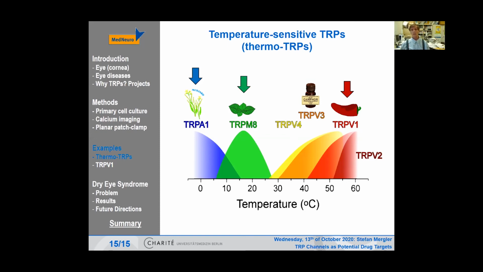Fortunately, in the beginning, 20 years ago, when TRP channels were described for the first time, there were fewer tools for investigation compared to voltage operated calcium channels. There are a lot of tools available, for example, Baike for L-type channels or conotoxin for other channels. For the TRP channels there were a little bit fewer tools available, but in the meantime, there are a lot of very highly sensitive drugs developed by some companies.